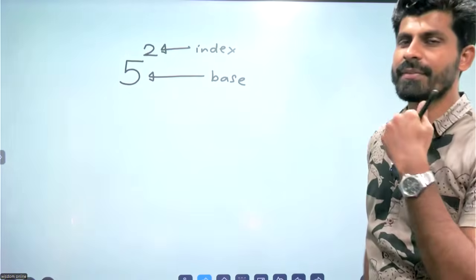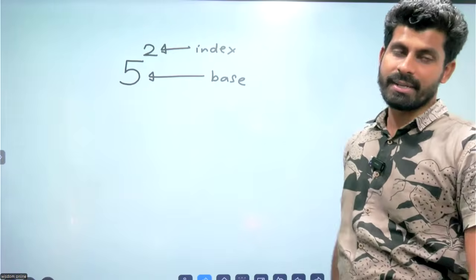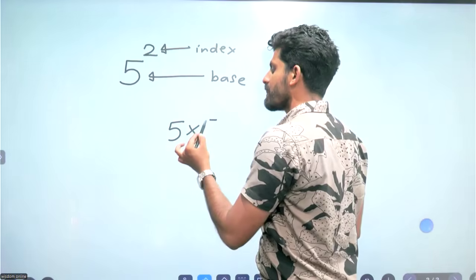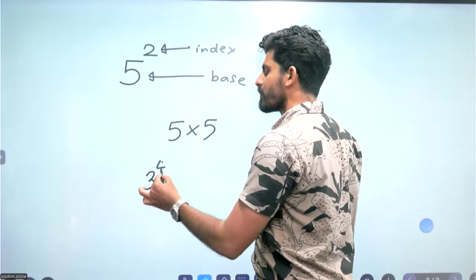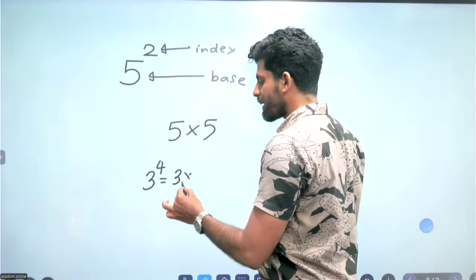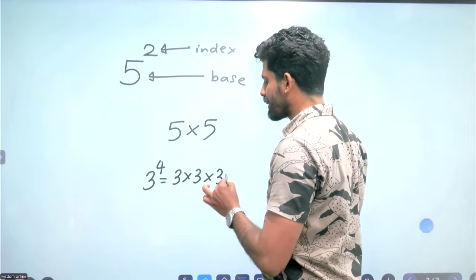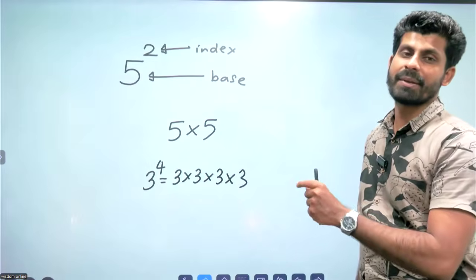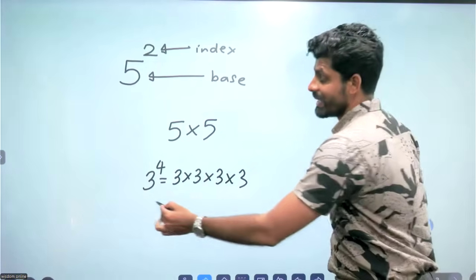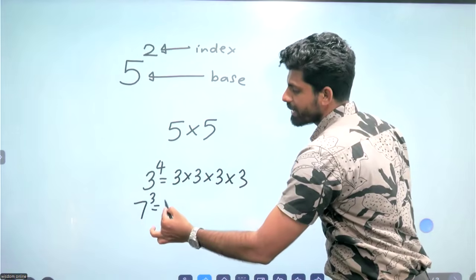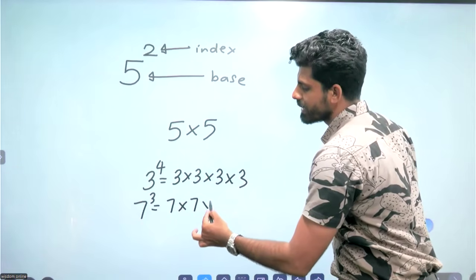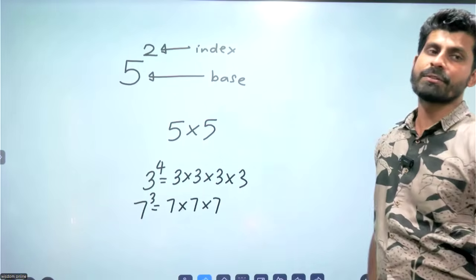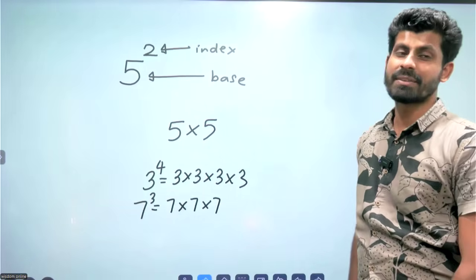How to read that one? 5 to the power 2 or 5 squared, which means 5 multiplied by 5. 3 to the power 4 means 3 multiplied by 3 multiplied by 3 multiplied by 3. 7 to the power 3 means 7 into 7 into 7.